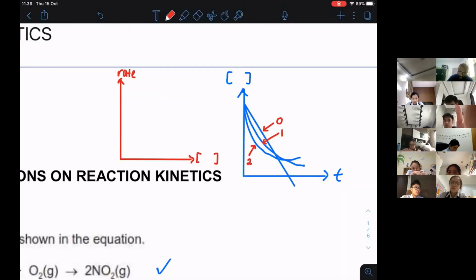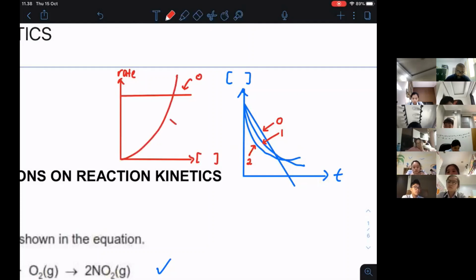Second order reaction is going to be a quadratic graph. We also have a straight line graph, which is going to be your first order. Please remember this. You can be given any of these graphs.